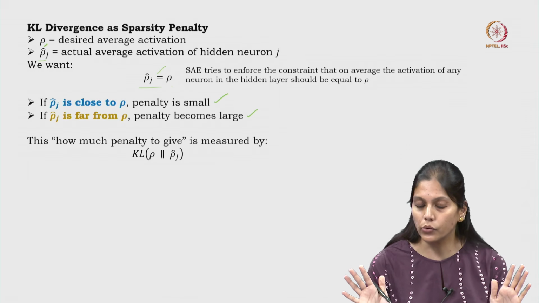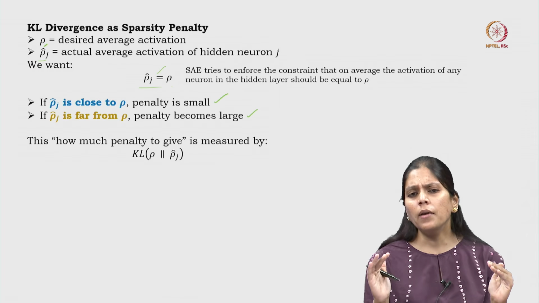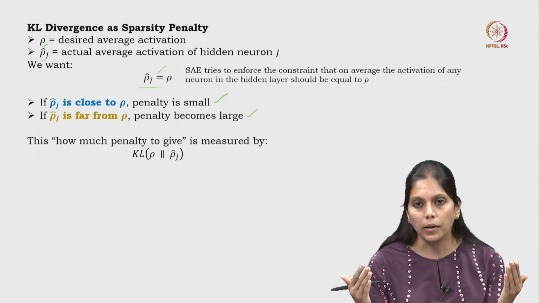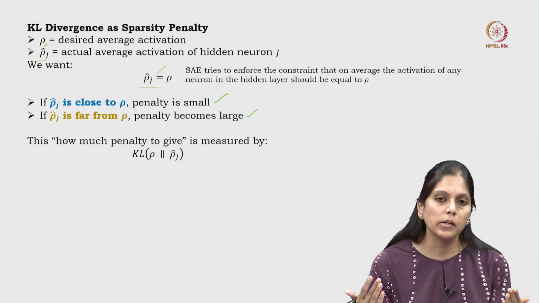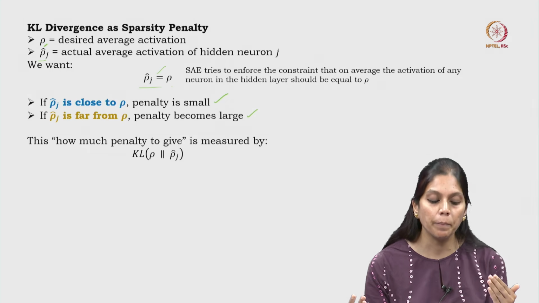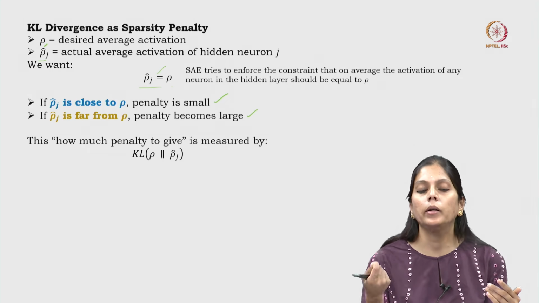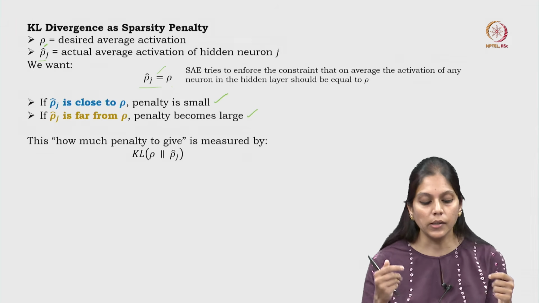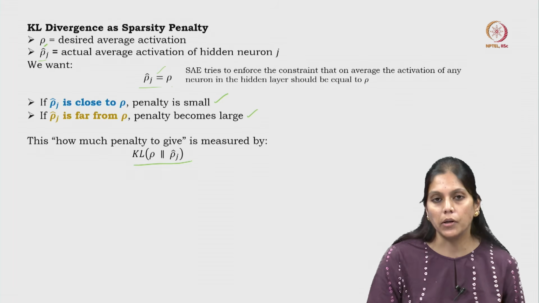So far you have understood this. Now, if you want to know how close or how far they are, you have to measure the distance between these two. You require some metric to measure it. How much penalty to give, how far they are, how close they are, is measured using KL divergence.